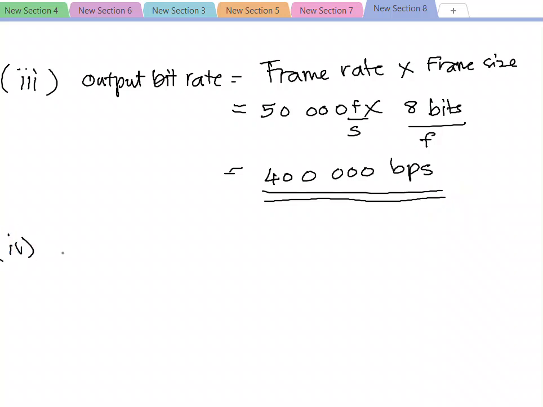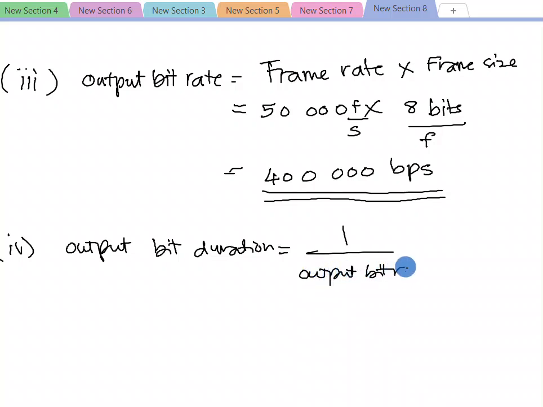Okay, next, once you have the output bit rate, last question, output bit duration equal to 1 over output bit rate. Okay, so sama dengan 1 divided by 400,000. You will get how much? 1 divided by 400,000.